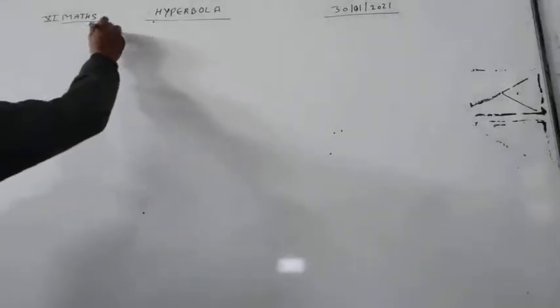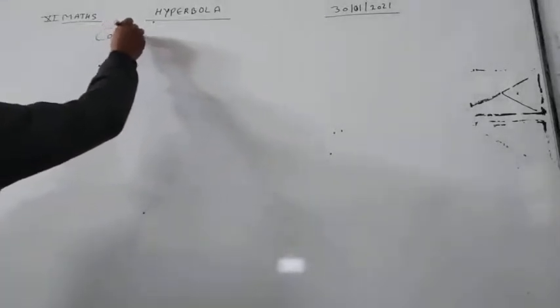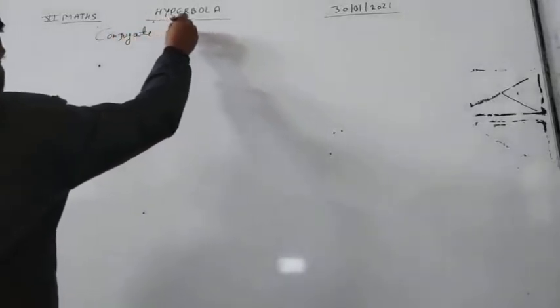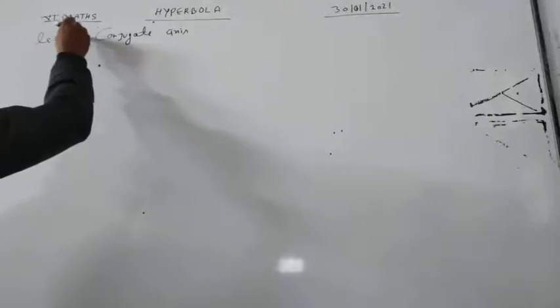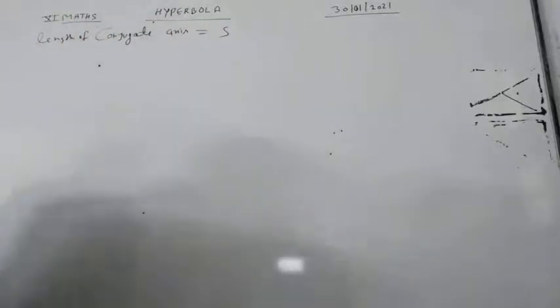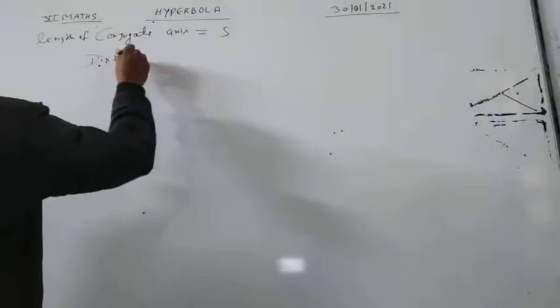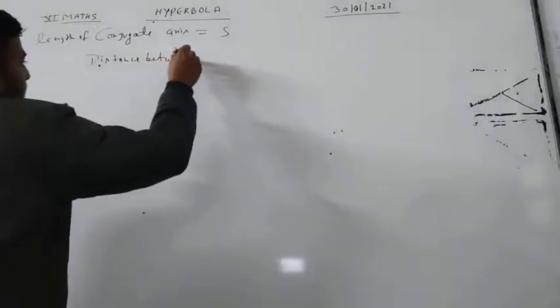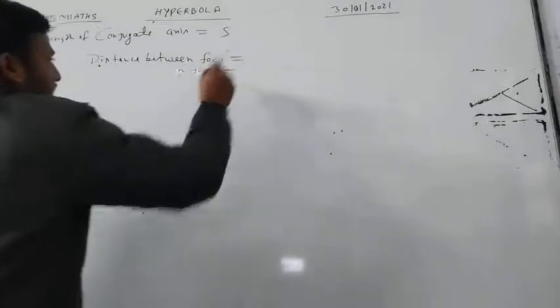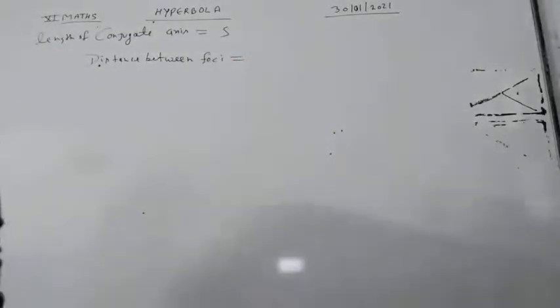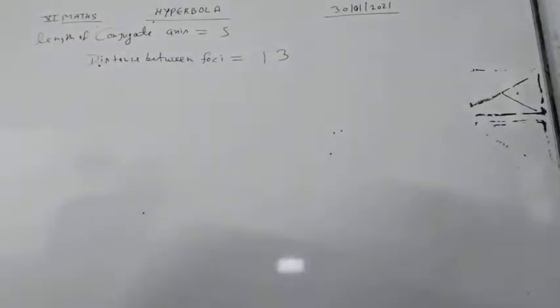Okay students, so length of conjugate axis is given to us as 5, and distance between foci is also given to us, which is equal to 30, students, and we have to find the equation of hyperbola. Okay students, so find out the equation of hyperbola.